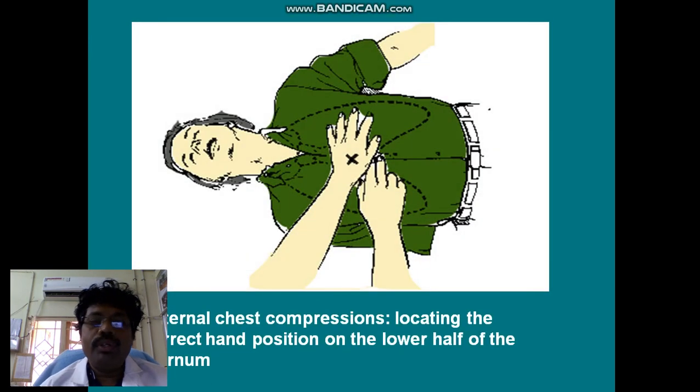And then what you have to do is, the first aider should keep the left hand on the sternum. Better keep your hand on the lower one third of the sternum to give the external chest compression. Keep your left hand where the mark shows in the picture. That's here. That is actually the lower one third of the sternum, and keep your right hand on your left hand.